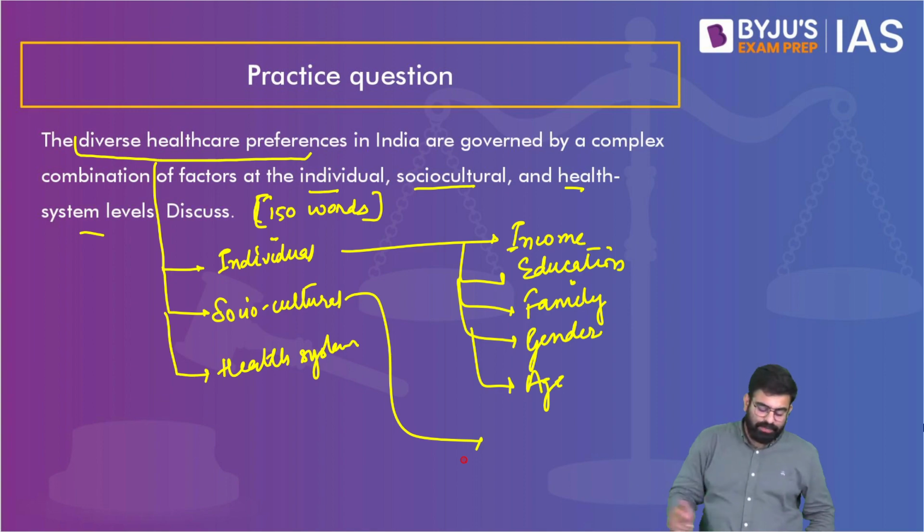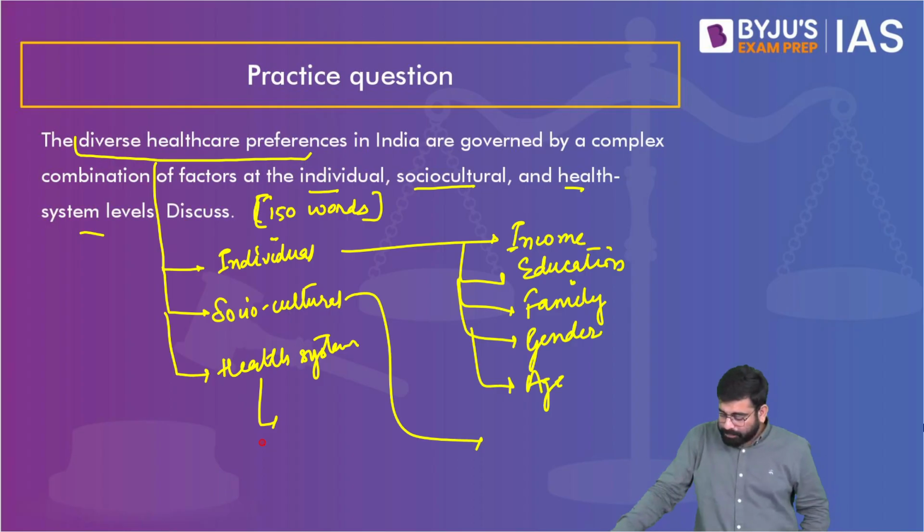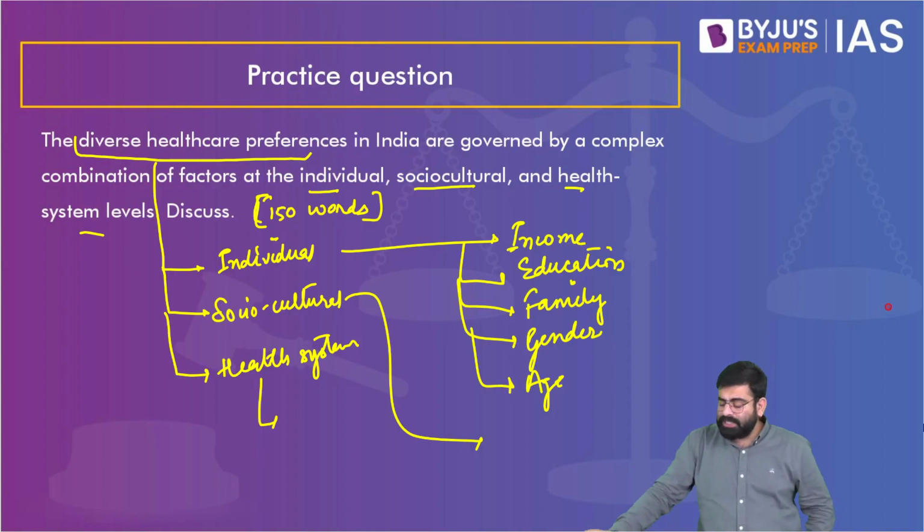Then you think of health system level preferences. Yes, so your lifestyle, how sedentary your lifestyle is, what kind of nutrition you take, etc. They also shape your preferences. Now, when it comes to health system level, just think of it, because we have just finished covering it.